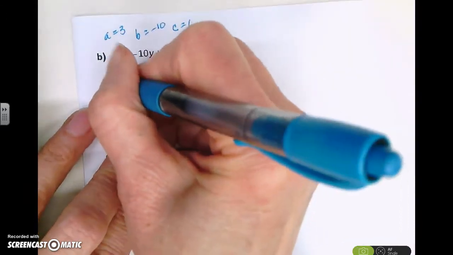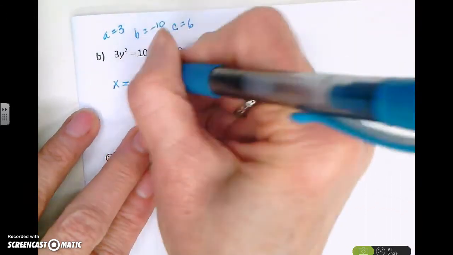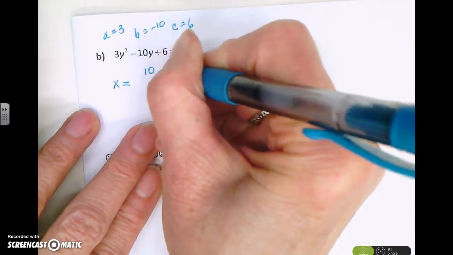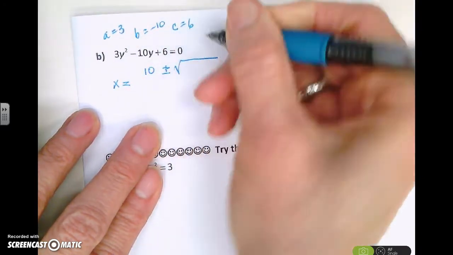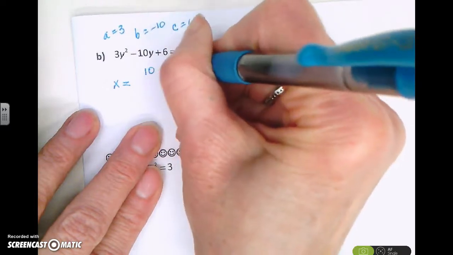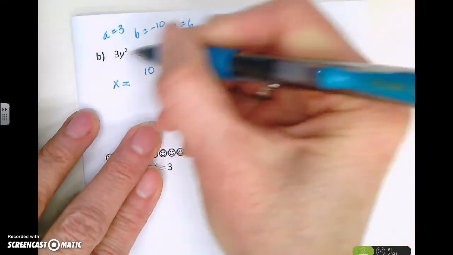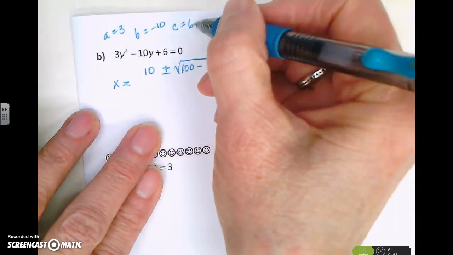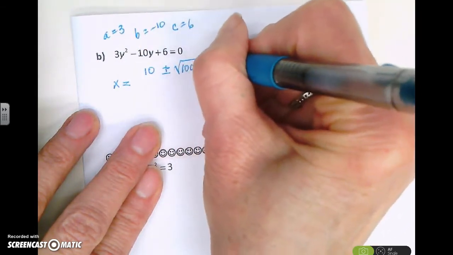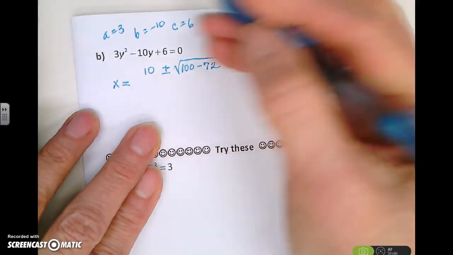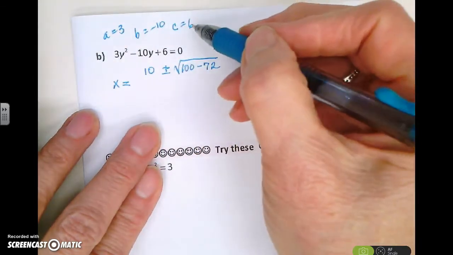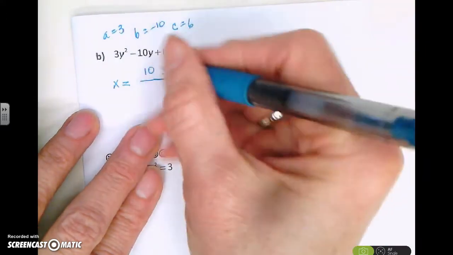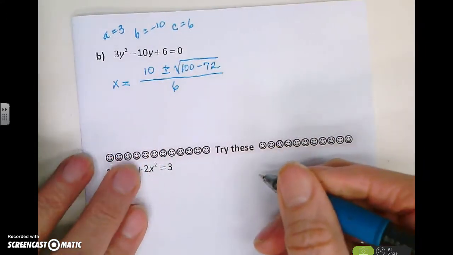So x is going to be equal to the opposite of b, so the opposite of negative 10 is positive 10, plus or minus the square root of b squared, which is going to be 100, minus 4 times a, that's 12, times 6 is 72, so minus 72. So 4 times 3 times 6, all over 2 times a, so 2 times 6.